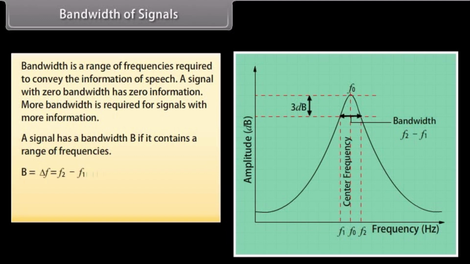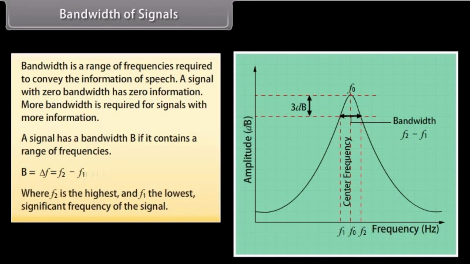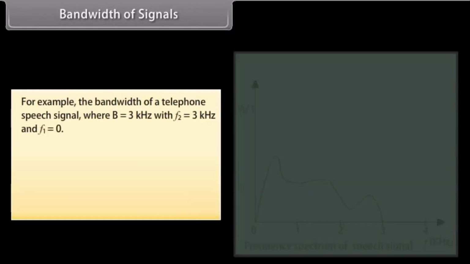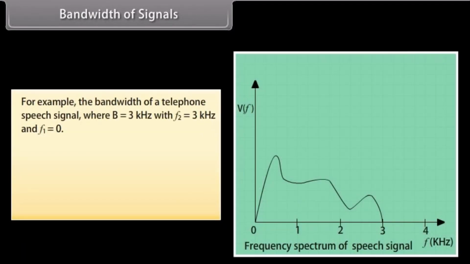B = ΔF = F2 - F1, where F2 is the highest and F1 is the lowest significant frequency of the signal. For example, the bandwidth of a telephone speech signal, where B = 3 kHz, with F2 = 3 kHz and F1 = 0.